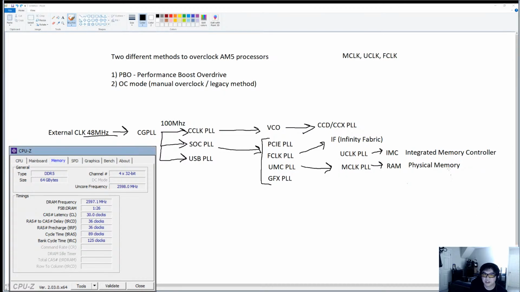And the uncore frequency listed here is going to be based off of this, the U-clock phase lock loop, or the IMC, depending on what the BIOS calls it. Most of them call it U-clock. Some might say SOC something, PLL, or F-clock; U-clock equals half F-clock or something like that.